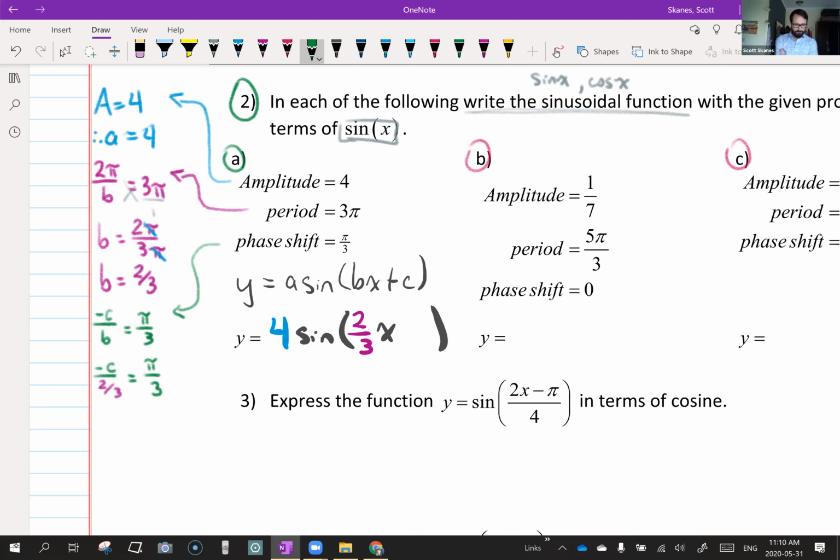Anyone have any ideas for what this C will be? Yeah, that's a tricky one. So yeah, you can cross it over.